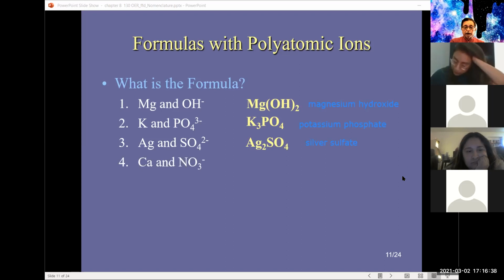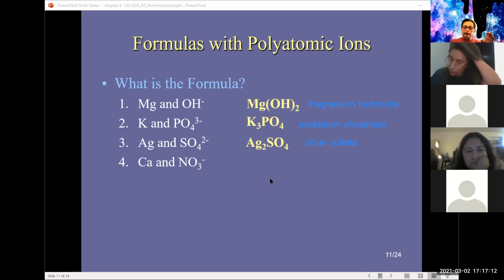Now we have calcium and NO3. Again, you might think nitride, but there's oxygen. 3 of them specifically, and then you got that negative charge. You going to the polyatomic ion table, its name is nitrate, okay? Calcium is a +2 ion because it's in group 2. And so that means that we need 2 nitrates for every calcium.